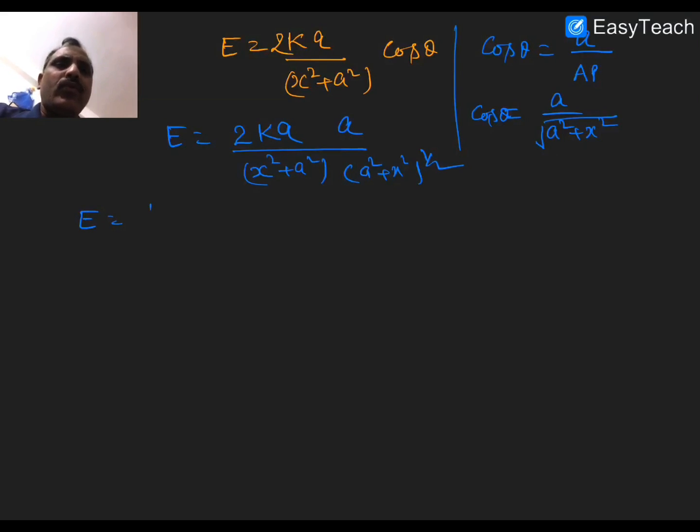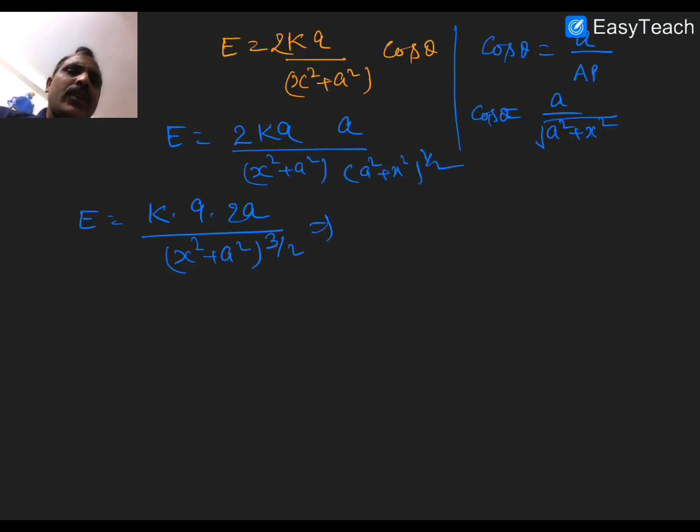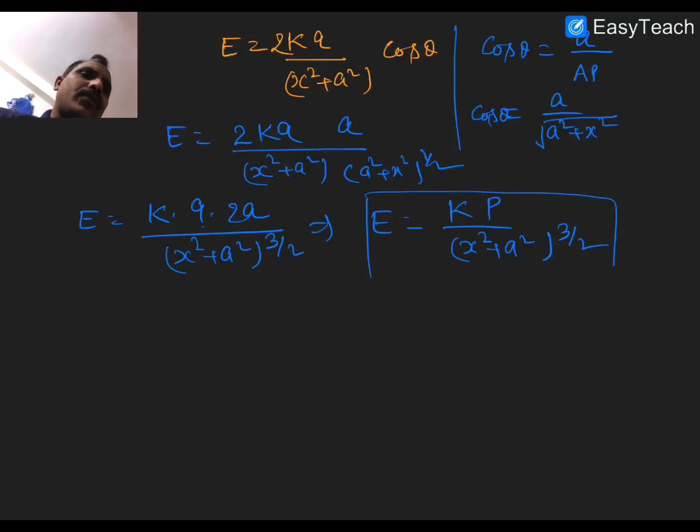E is equal to k q into 2a upon x square plus a square to the power of 3/2, since 1 plus 1/2 is 3/2. KQ into 2a is p, so E is equal to k p upon x square plus a square to the power of 3/2. This is the electric field due to dipole on the equatorial line.